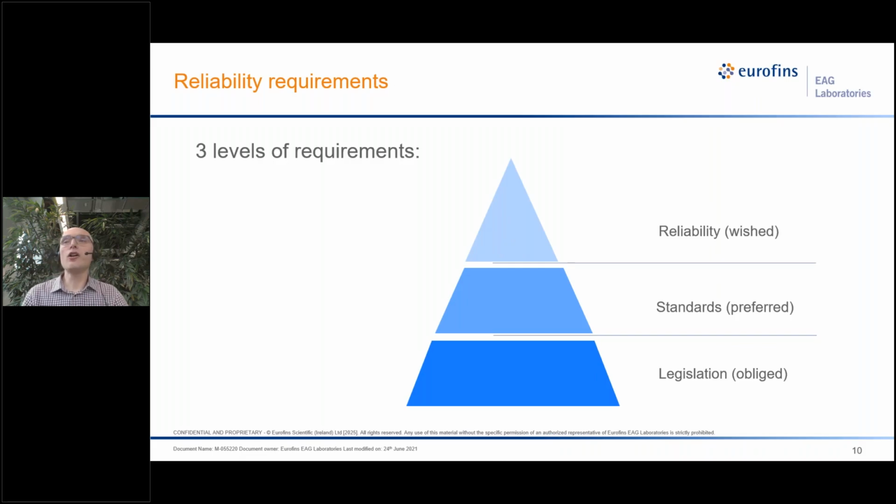Then the last step in the chain, the top level, it's not only about meeting legal requirements and standards, but also about continuous improvement of safety and reliability based on risk assessment and customer satisfaction.